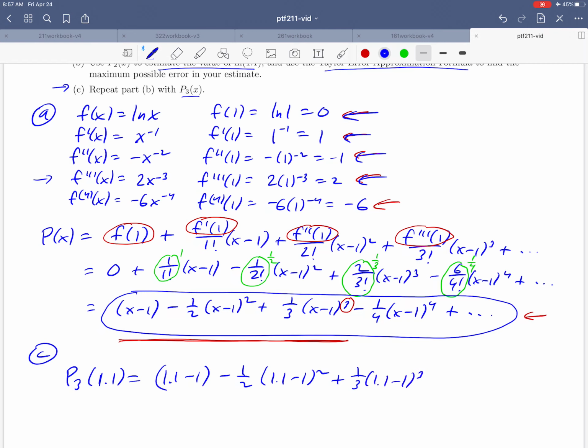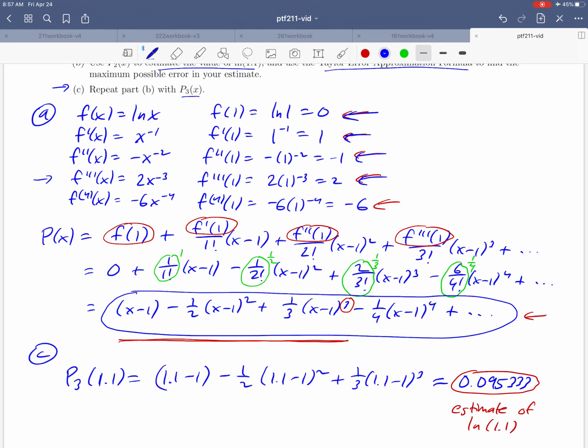I'll leave it to you to verify that if you crunch out all the arithmetic here, what you're going to get is 0.095333. I'll approximate that. That number is our estimate of ln of 1.1. That's the first part of our answer to C.